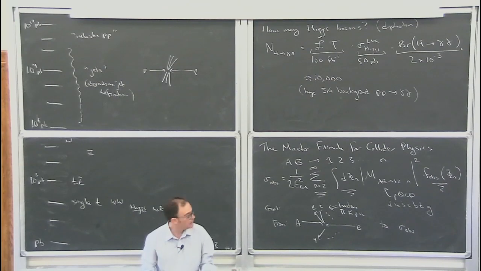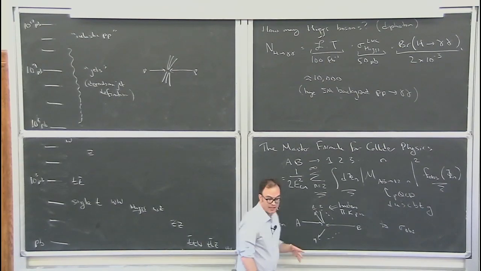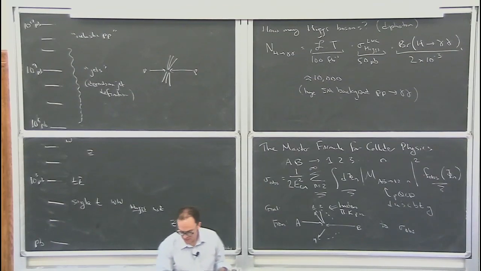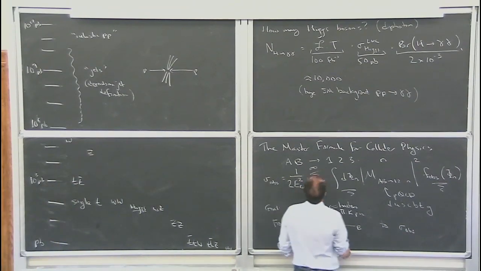Okay, so this is the master formula. Let me know if there are any questions about this. And then I'm going to remind you about the structure of QCD. Okay, so let me leave the master formula up high.